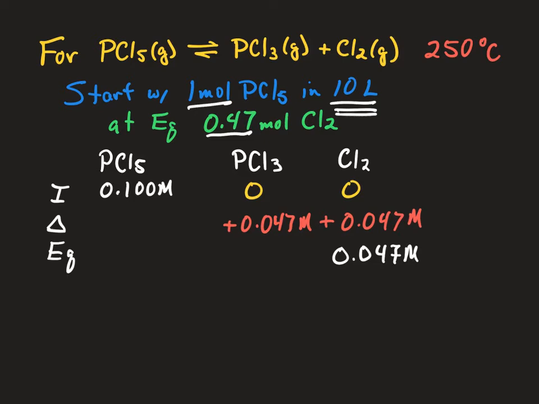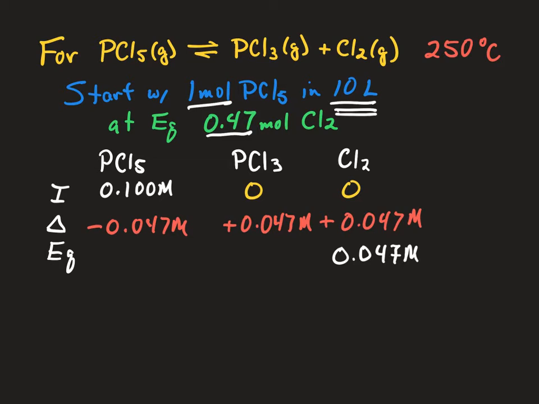And every time we make a mole of chlorine, we have to use up 1 mole of phosphorus pentachloride, so phosphorus pentachloride is going to be minus 0.047 molar.